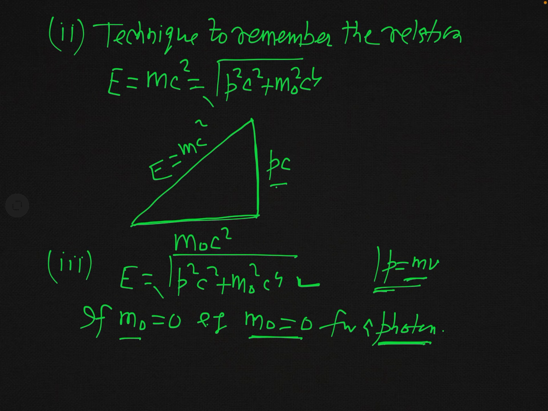Even though the rest mass of a photon is zero, its energy will not be zero and its momentum is also not zero. So you can see if we consider a photon, a massless particle whose rest mass is zero, then what will E be? Here this term will vanish, and so E will be equal to root over P square C square, and this is simply equal to Pc.